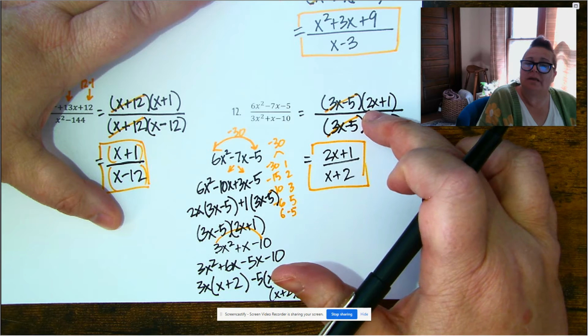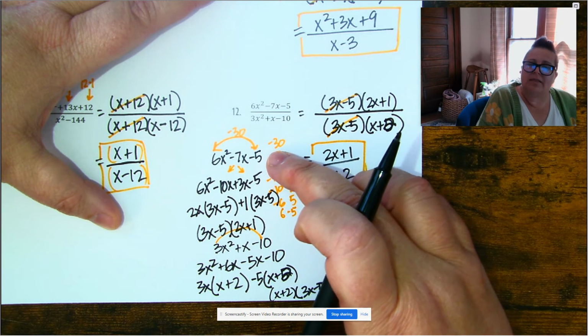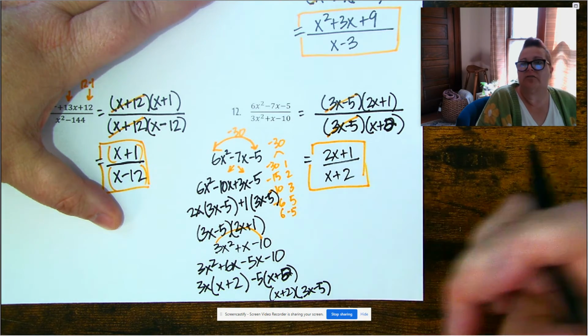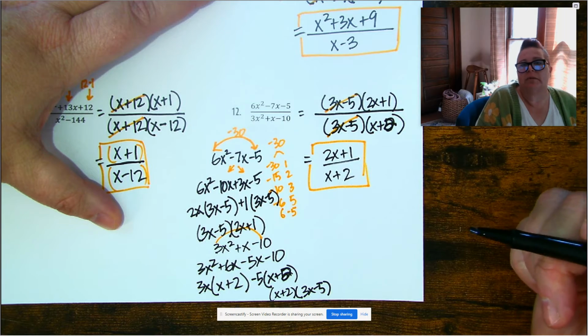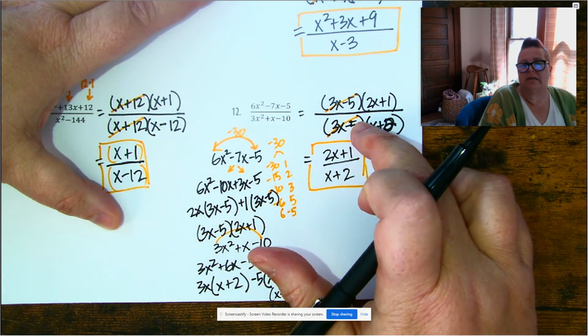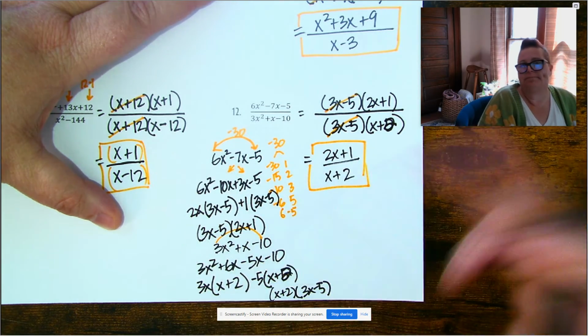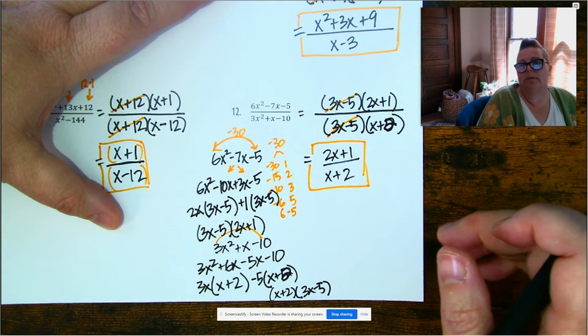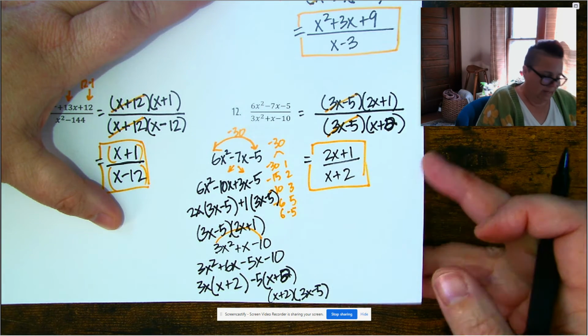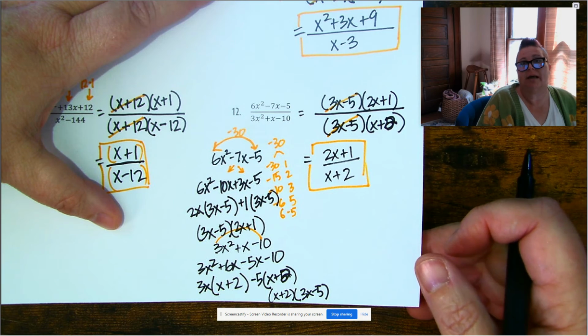Even if you're using mental math, knowing the minus 30 and listing the factor pairs could count as work for that. But nothing to go from here to here without all of this work. I'm going to ask you how you got there, just as an FYI.